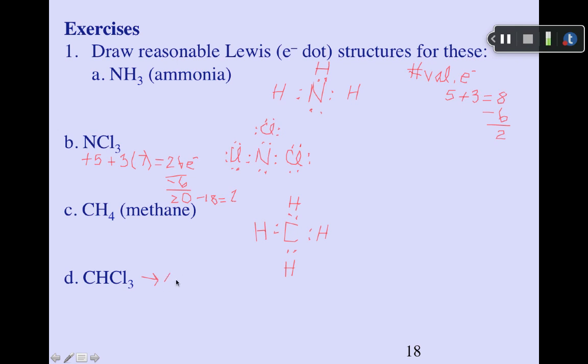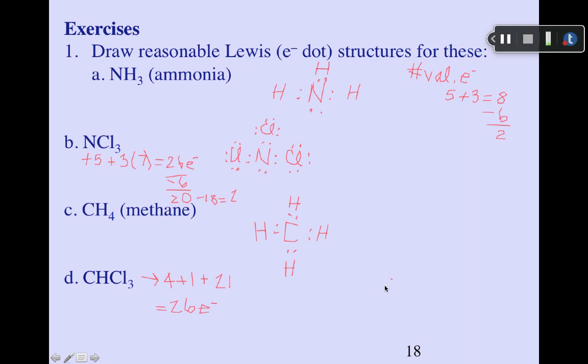You will have a total of 4 for 1 carbon, 1 for a hydrogen, and then for 3 chlorines, again like we had before, that would be 21, 3 times 7, and that would be, do the math, quick thinking, oh yeah, 26 electrons, same as the other example as it turns out. And so 26 electrons better show up in this diagram for it to be correct. Again, we'll have to arrange the atoms to make logical structures.